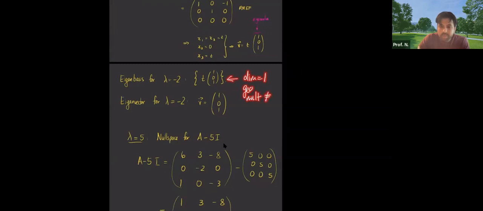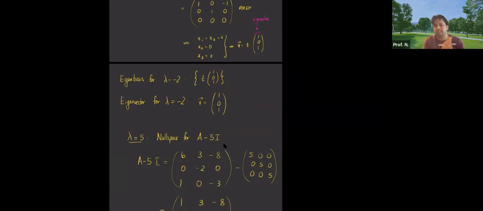This does not equal the algebraic multiplicity. When the geometric and the algebraic multiplicity don't coincide, then you have something that's not diagonalizable. So diagonalizability depends upon whether the algebraic multiplicity of every eigenvalue equals its geometric multiplicity.